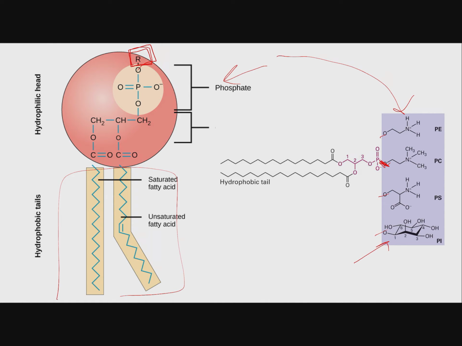Kind of looks like a sugar, doesn't it? We can talk about inositol actually very quickly because inositol itself is not a lipid, but it is found in many lipids. And it has a taste that's like half as sweet as sucrose, just to kind of point that out. Okay.